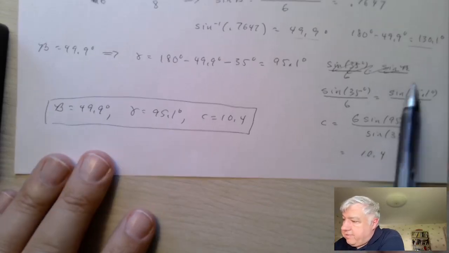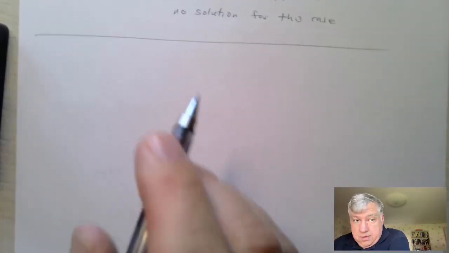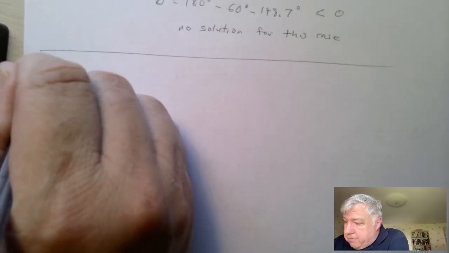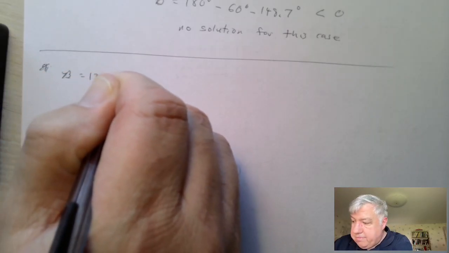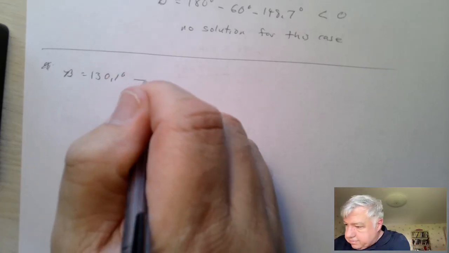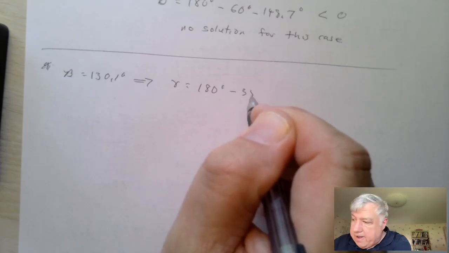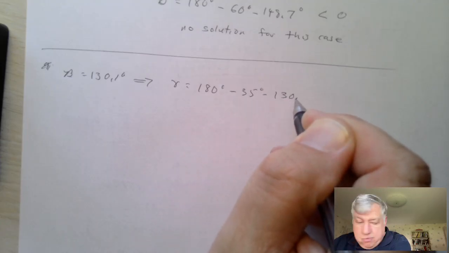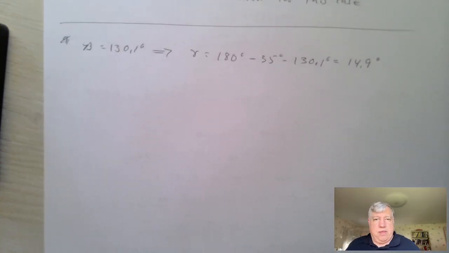Now let's see what happens if we use the value of 130.1. So now if beta is 130.1, then gamma is going to be 180 minus 35 minus 130.1 degrees, and this is 14.9. So this time, unlike in the other example, we get a number that's positive between 0 and 90 degrees, so that's acceptable.